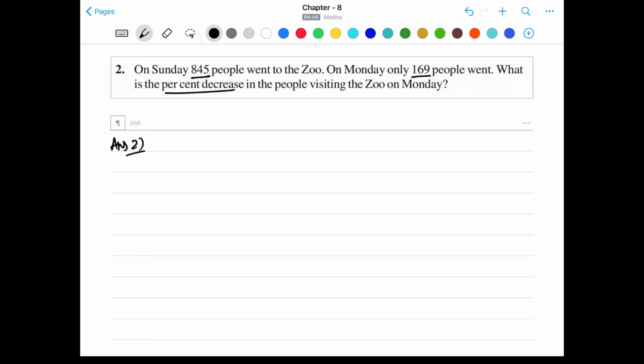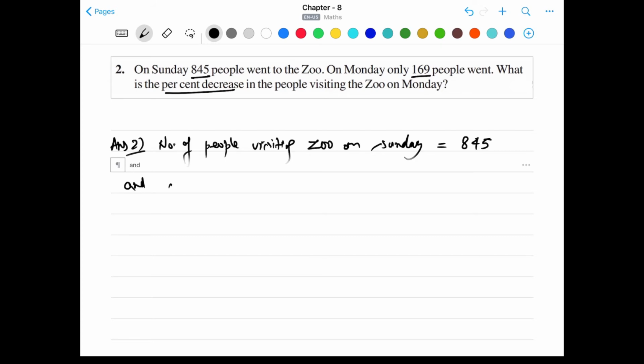Okay, so let's start answer number 2. Here, first write the given information. We have the number of people visiting the zoo on Sunday is equal to 845 people, and on Monday the number of people who visited the zoo is equal to 169.